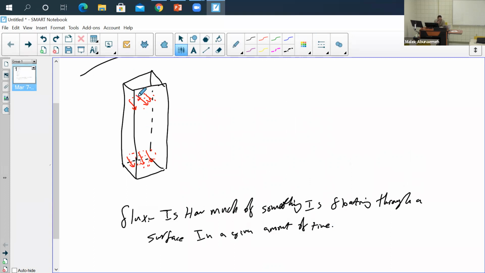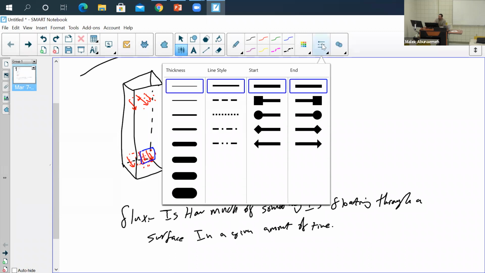And let's say I put a net, a blue one, right over here, where the air particles are going. If we think in terms of flux, it is how much air is actually traveling through that net in a certain amount of time. Let me write this down.